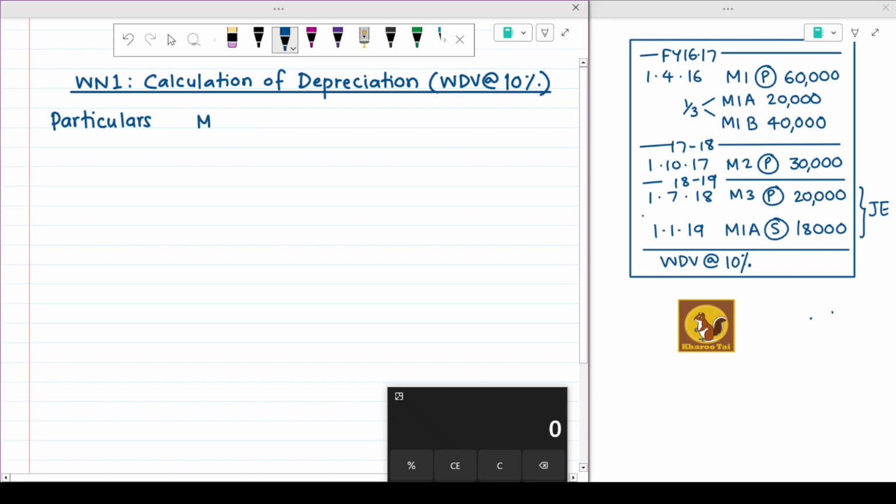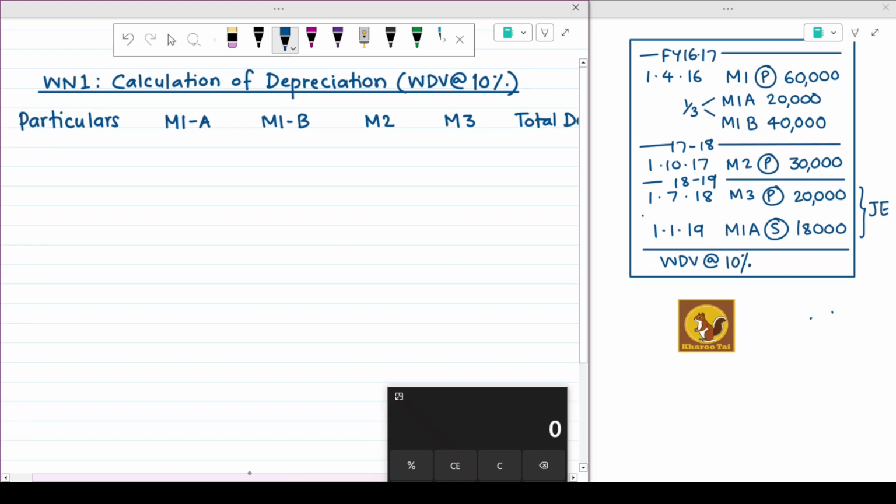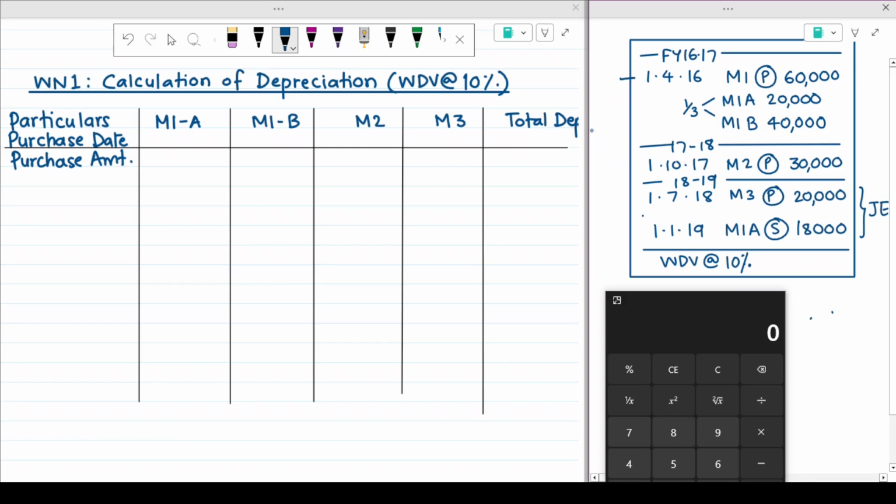So M1A, M1B, M2, M3 and total depreciation. We will need purchase date and purchase amount. So the first machinery was purchased on 1st April 16, and it was split in two amounts. 60,000 amount is split in 20,000 and 40,000.